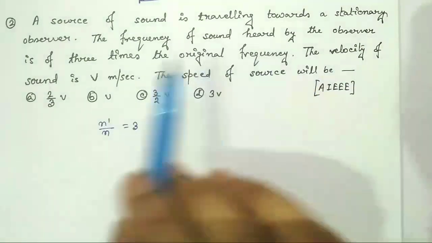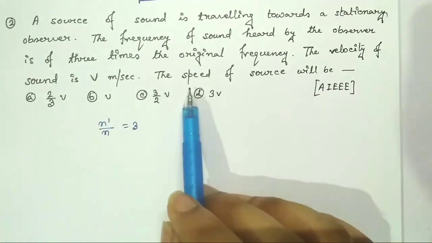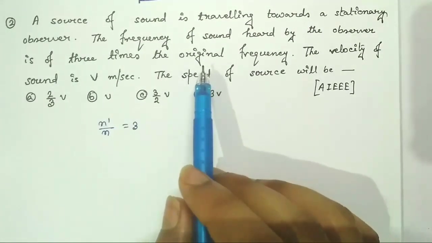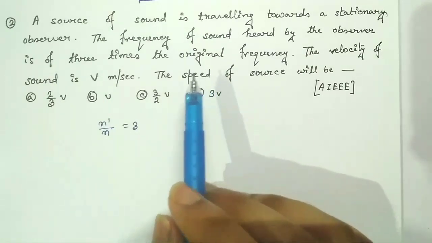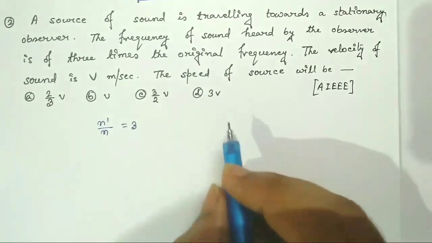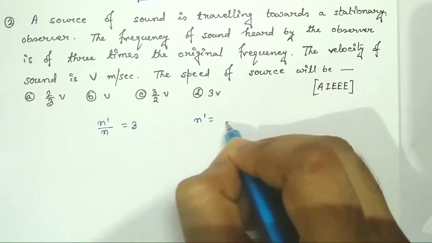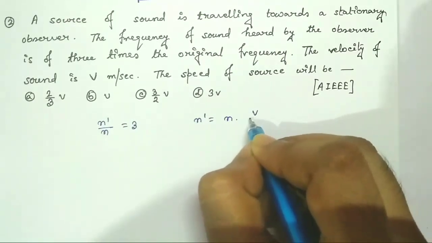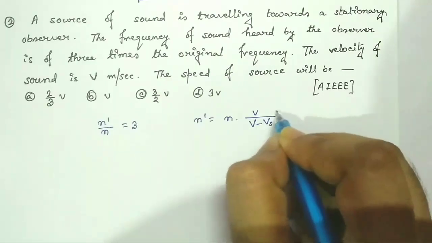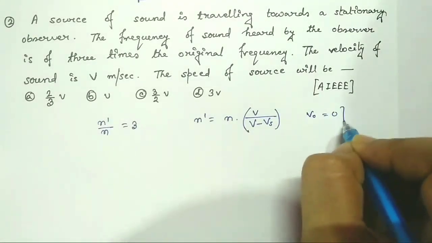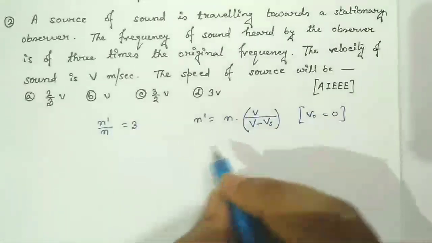Now, the velocity of sound is v meter per second. You have asked the speed of the sound source. 4 options are given. We know the apparent frequency heard by the observer is given by n prime equal to n into v divided by (v minus vs). Since the observer is stationary, vo equal to 0.